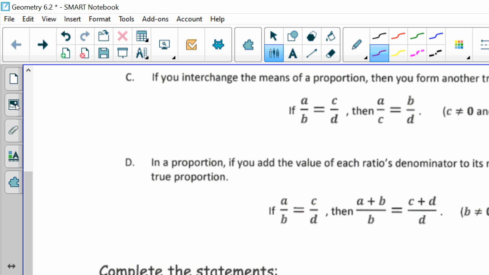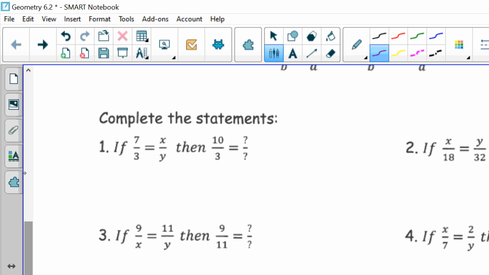So we're going to use those four properties to complete these statements. It says if 7 over 3 equals x over y, then 10 over 3 equals what? The very first thing I notice is that I have a 10 in the new ratio. I did not have a 10 anywhere else, so the only way that I could have gotten a 10 is if I had added something.